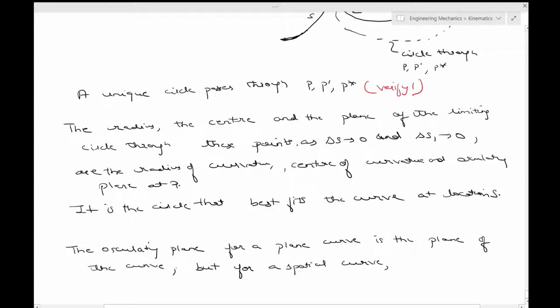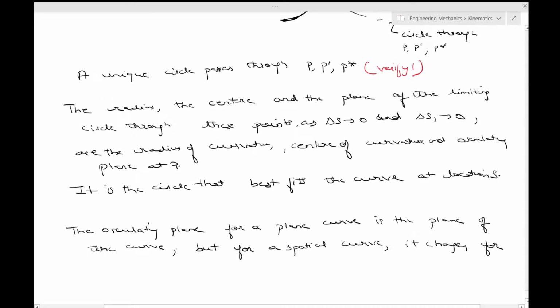For a spatial curve like the one which we have drawn, the osculating plane changes for different locations.